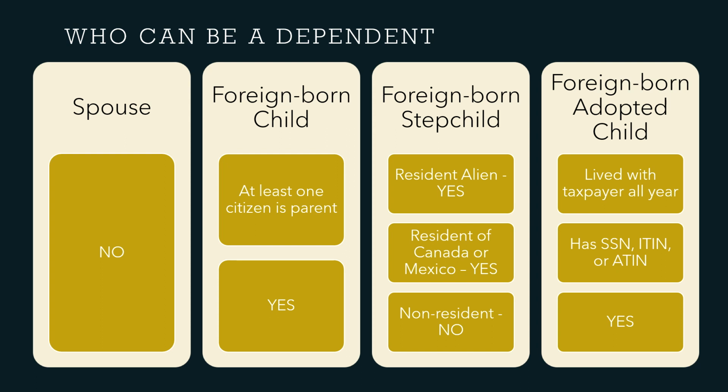They're just not a dependent ever. Then we have the case of a foreign-born child. If at least one of the citizens is a parent, then yes, that child is considered a citizen for tax purposes and could be a dependent on the return.